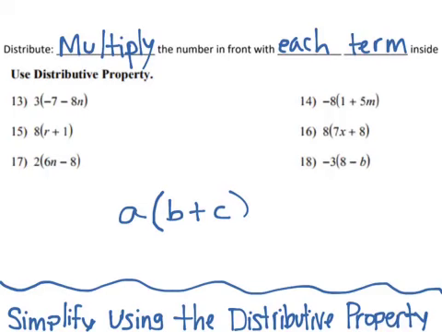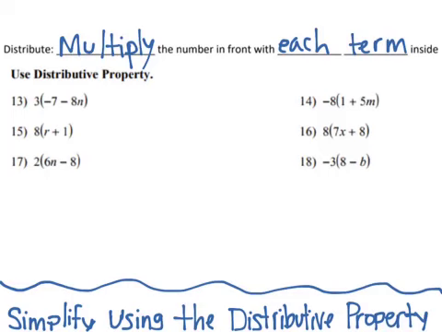So say we've got some number a, we'll multiply it times the b term and the c term in this. So our answer would equal a times b plus a times c, which you'll be able to see as we get into these examples. But to distribute essentially means to multiply the number in front with each term inside.